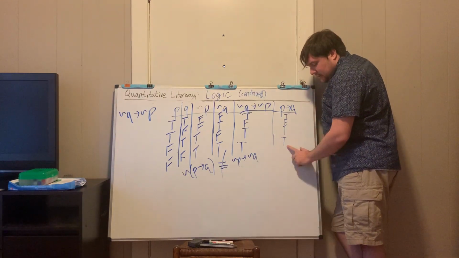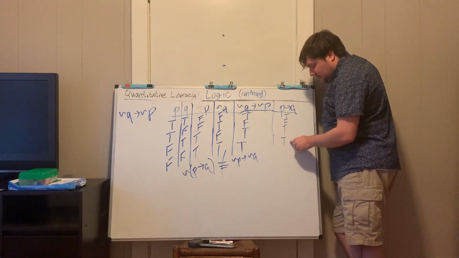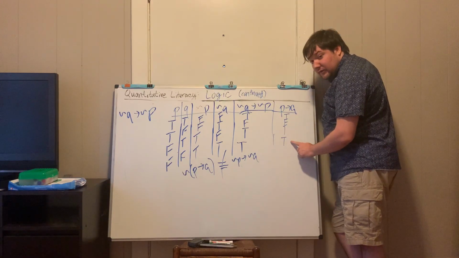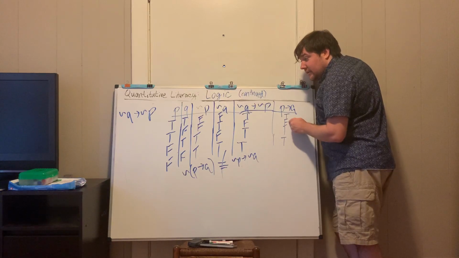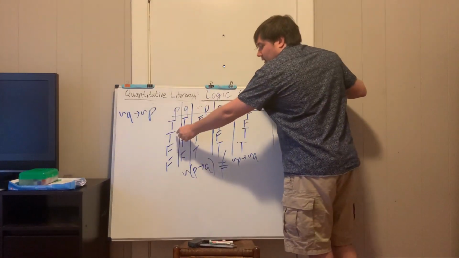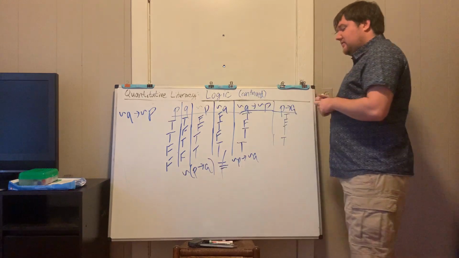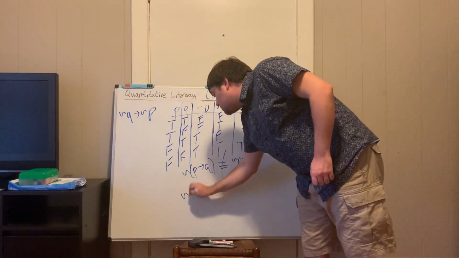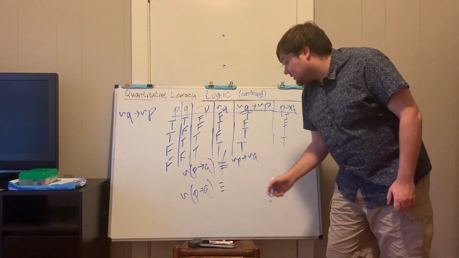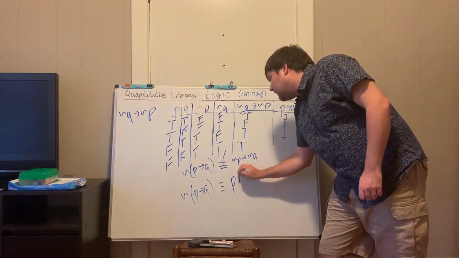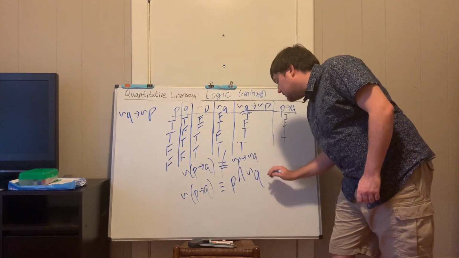The negation switches all of these truth values. So it'll be false, true, false, false. The only statement that is true is the place where P is true and Q is false. So the negation of the conditional statement is in fact P and not Q.